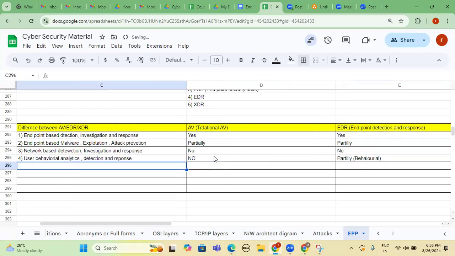In the similar way, the next difference: automated stitching of the network, nothing but identifying, and also endpoint and cloud-based data to improve and simplify investigations.